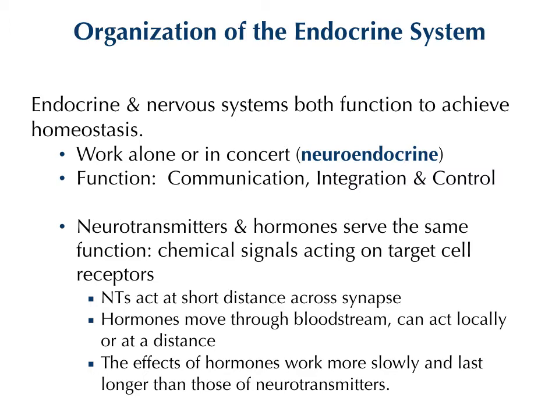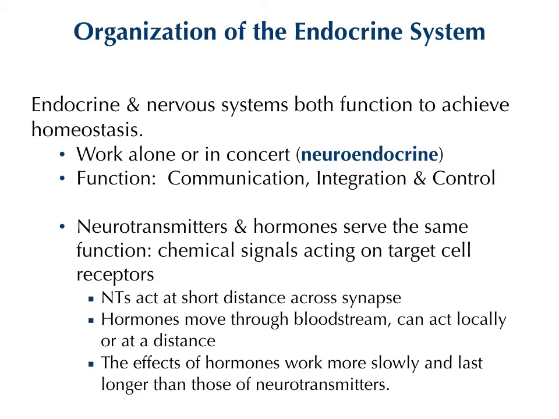Neurotransmitters and hormones serve all these same functions through chemical signals that are acting on target receptors. The neurotransmitters will act in the nervous system at a short distance across a synapse. Remember, the presynaptic neuron would release a neurotransmitter, for example, 5-HT, that will act on the postsynaptic nerve cell.